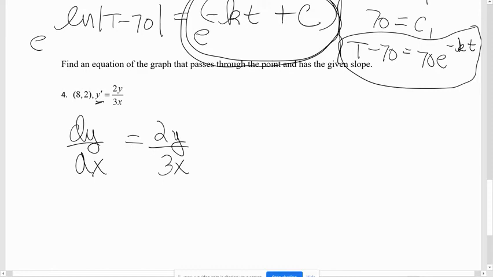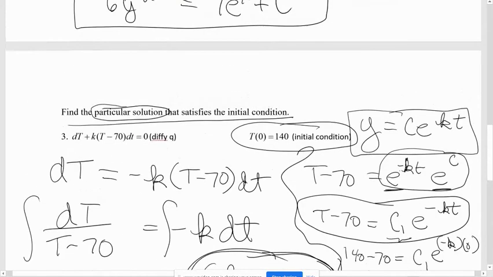It doesn't really matter where the constants go, but I feel better if it's not a fraction. So we would have 3 dy over y, equals 2 over x dx. Take a second to look at that and make sure you understand where everything came from. Just doing some algebra.